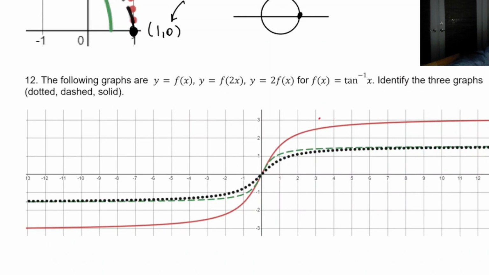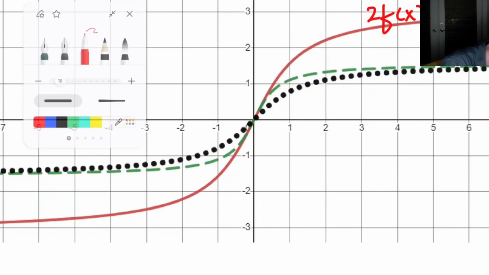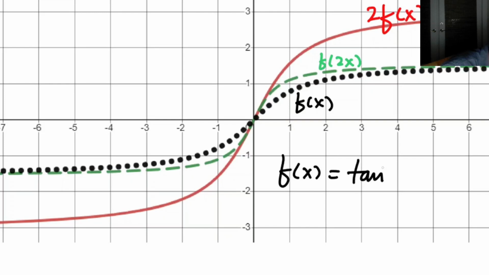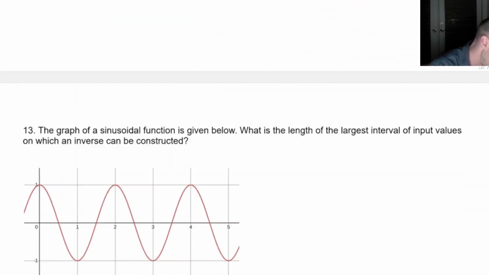The horizontal dilation by a factor of a half is going to be the green line, so that's f of 2x, and the dotted line in black is just regular f of x, and this is inverse tangent of x because you see the double horizontal asymptote.